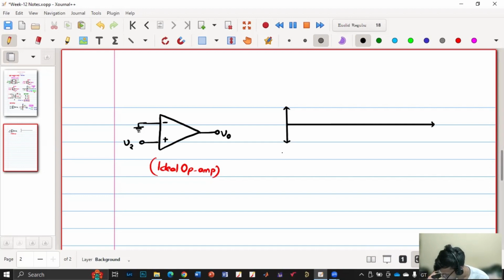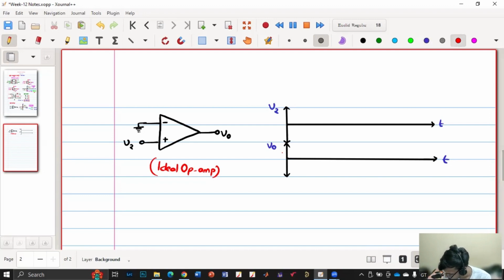I will be considering one input and I will draw the corresponding output. This is my V2, because V1 is 0. Now V2 minus V1 is nothing but V2. And this is my V0 and this is my time T.